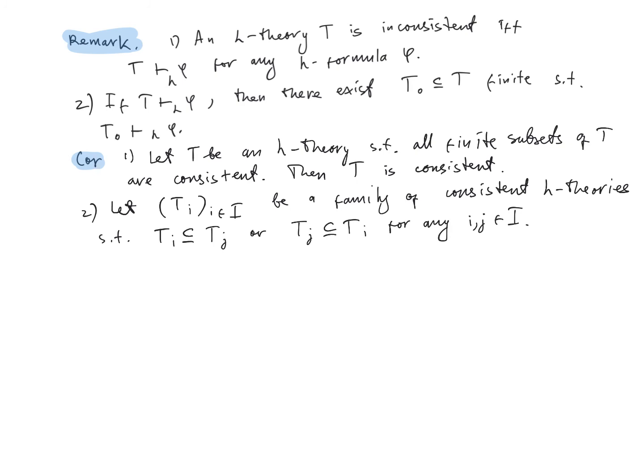So the theories form a nested family. Then, taking T to be the union of the Ti's is also a consistent theory. The reason here is that because of the nested condition, any finite subset of the theory T from which, let's say, we could prove a contradiction, so prove phi and not phi, must already be contained in one of the Ti's.